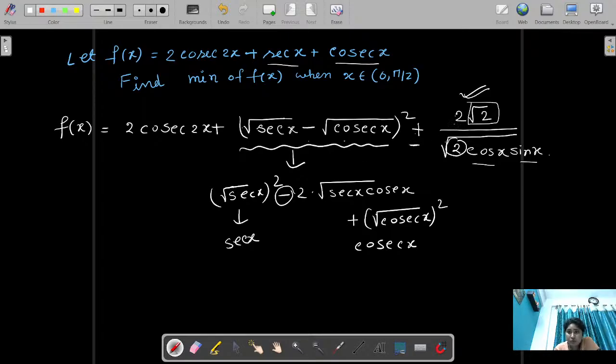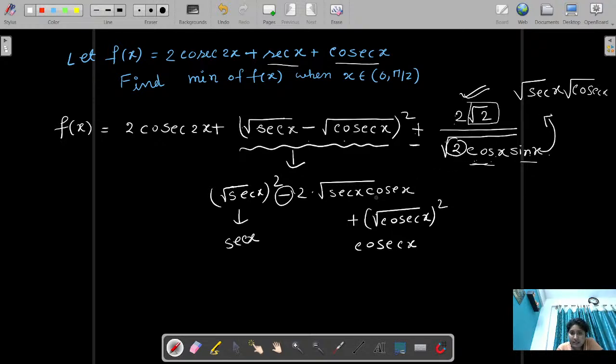So plus 2 root 2, if I cancel, root 2 will be cancelled, this 2, and if you see that this is root under cos x into sin x, when this goes up, it will become root under sec x into root under cosec x, right?